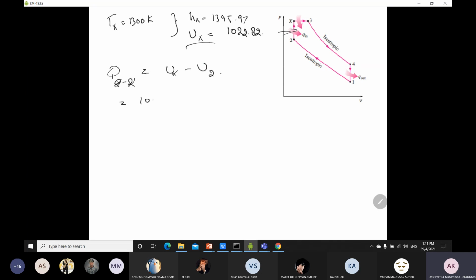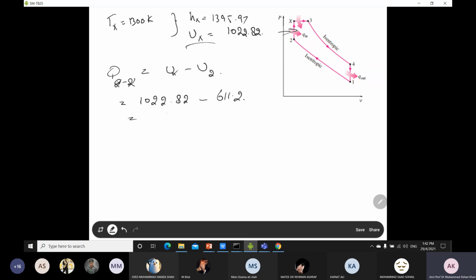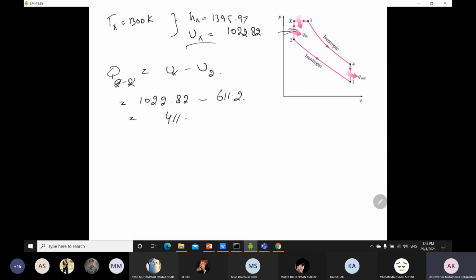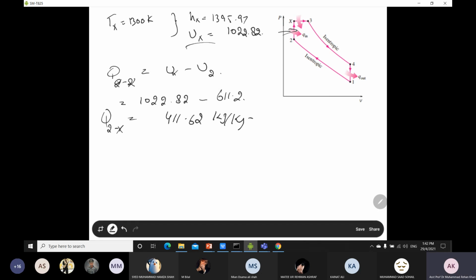The Ux value is known to us, 1022.82, and the U2 value we already found in the previous step, which is 611.2, using the thermodynamic table. You can just solve it and you will get 411.62 kilojoule per kg. So this is the heat added for the constant volume process.